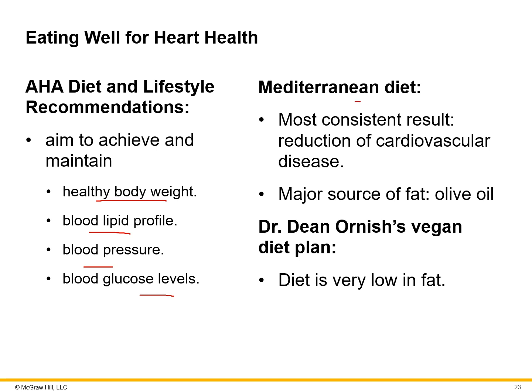They do suggest that Mediterranean diet that's more plant-based because it removes a lot of the saturated fatty acids. So most of the protein comes from fish. So that is recommended, especially for those prone to cardiovascular disease. And most of the fat is going to come from olive oil there. And then there are also some vegan diet plans that are available that are very low in fat.